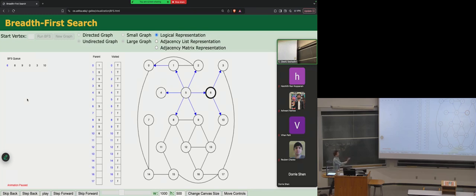So at this point, we don't know what the shortest path distance of 13 is. At least BFS as is doesn't know. But we as people analyzing the algorithm do know. So can there be both distance 1 and distance 3 vertices in the queue? Okay, so can everyone read this?